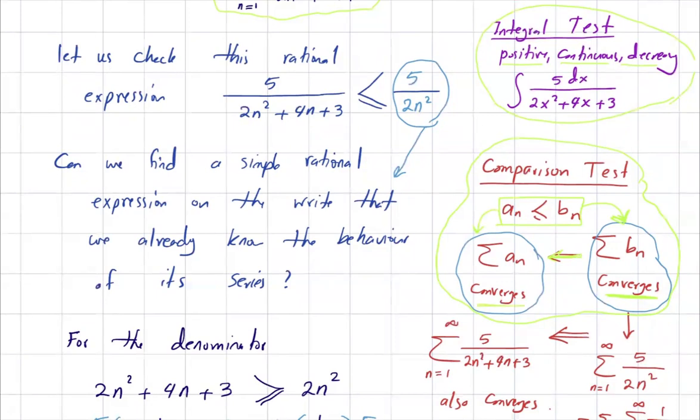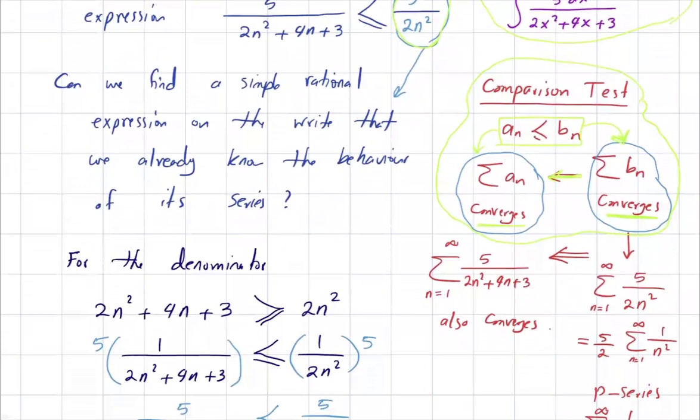Since it's simple algebra, we can find a simpler fraction on the right-hand side, which is 5 divided by 2n squared. Why is that? Because 2n squared plus 4n plus 3 on the denominator is more than or equal to 2n squared. And if I flip this, I get 1 divided by 2n squared plus 4n plus 3, which is less than or equal to 1 over 2n squared.